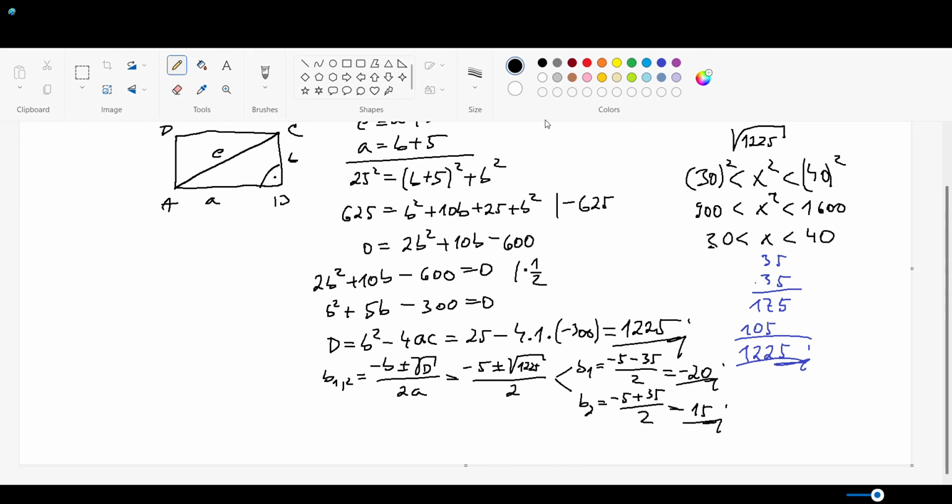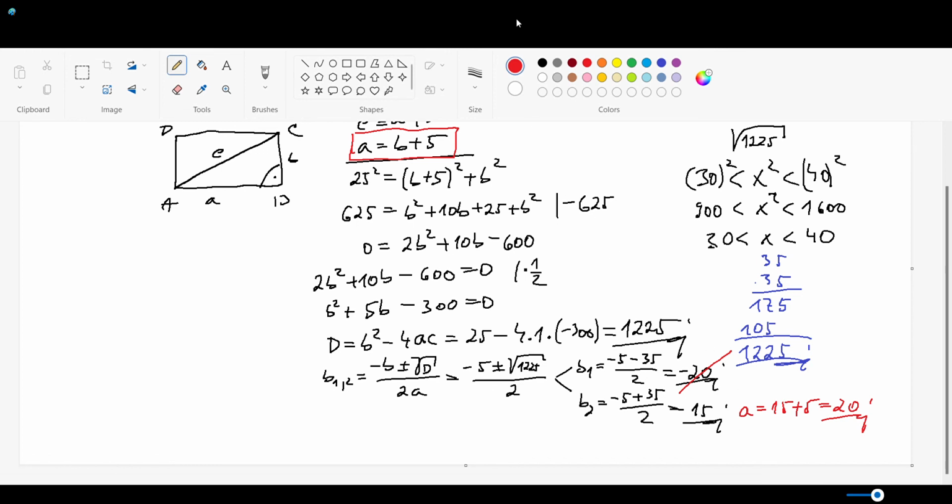As we already know, a is equal to b plus 5. As b1 is a negative number, it's not a nice result, because we usually don't provide lengths as negative numbers. So we take only the second root, which is 15 centimeters, and we calculate a, which is 15 plus 5, and it is 20.